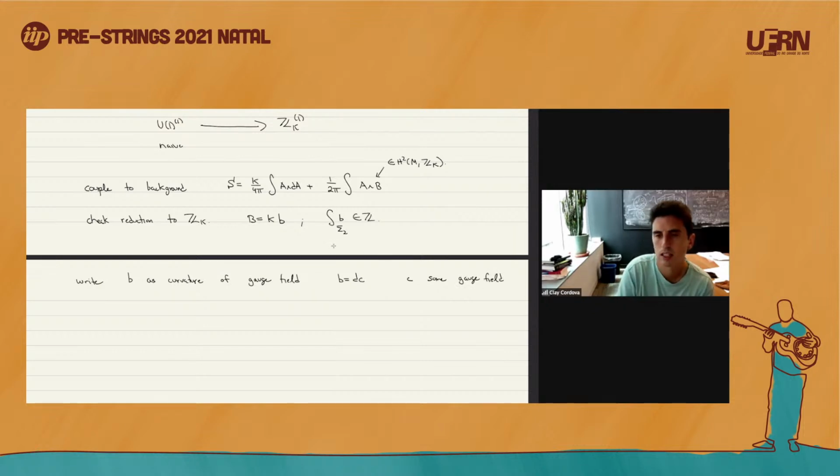Notice that since b was properly quantized, c is a properly normalized gauge field. And now, change variables in the path integral from A to A minus C.